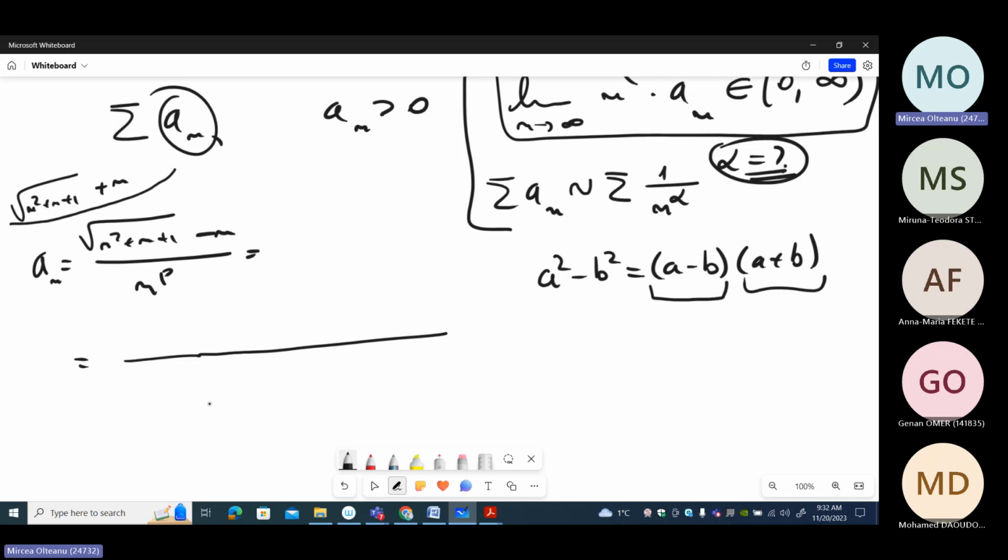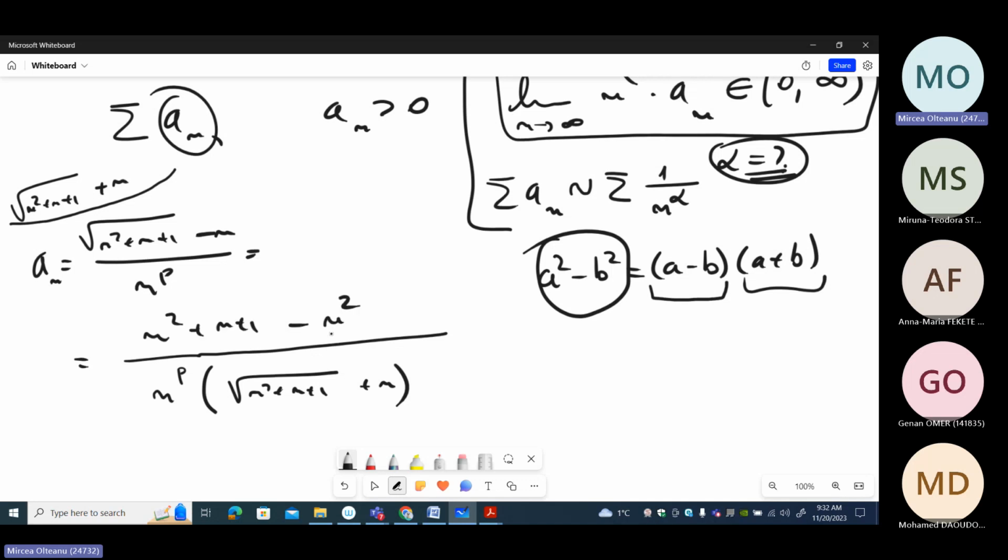And that will give us, below, n at p times the expression we just amplified with. And above, we shall get a squared minus b squared, which means n squared plus n plus 1 minus n squared. Here, these two terms vanish.